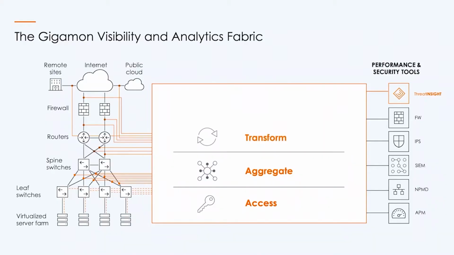So we provide that visibility, we aggregate everything so you can view it through a single pane of glass, and then we transform it. So we look for things like duplicate packets, because most networks these days have significant amounts of duplicate packets on the network. So identifying those reduces the amount of traffic that's going to all the tools and applications that you're using.